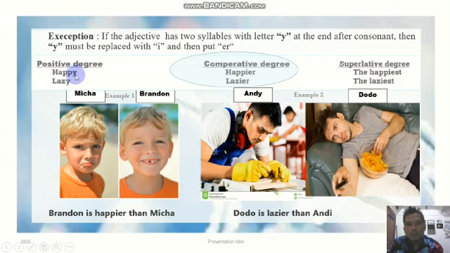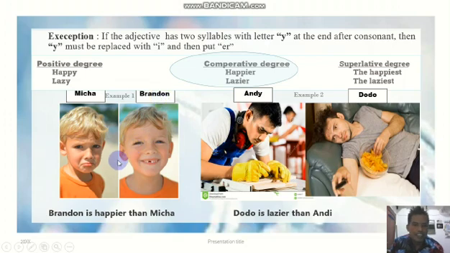So you have to omit Y and replace it with I, then you put er. So it becomes happier. Lazy, lazier.